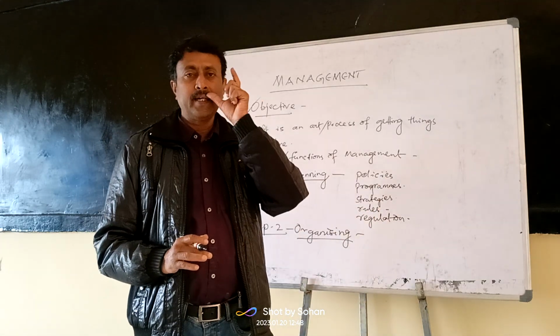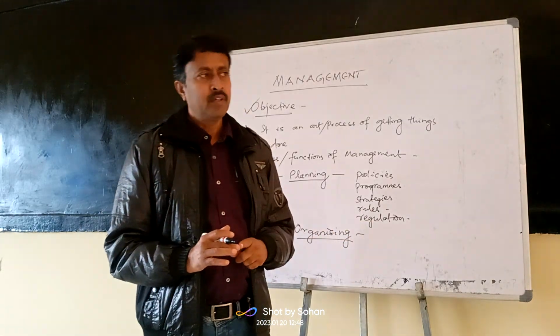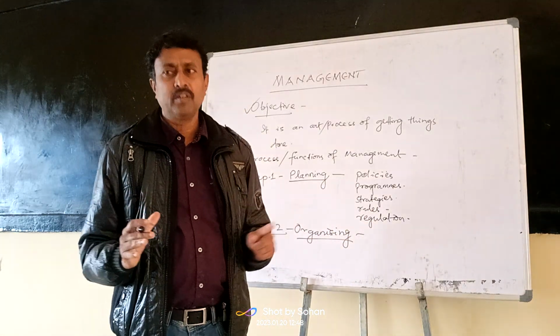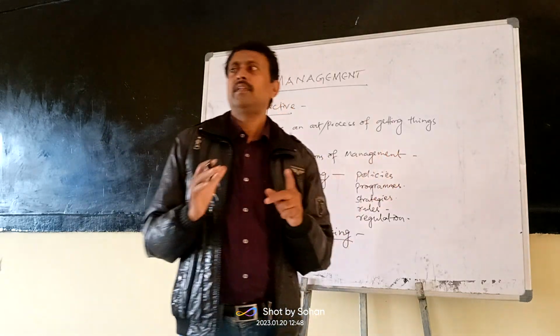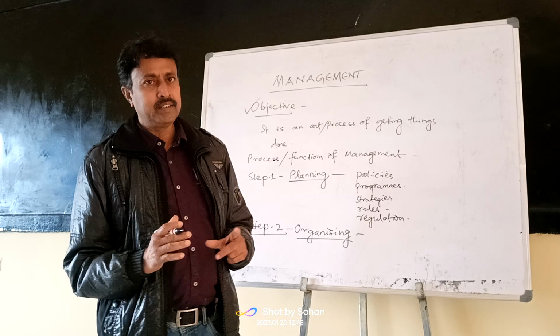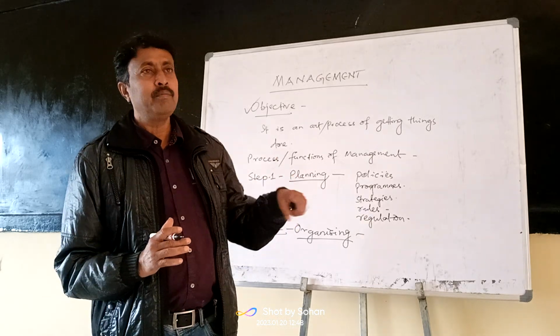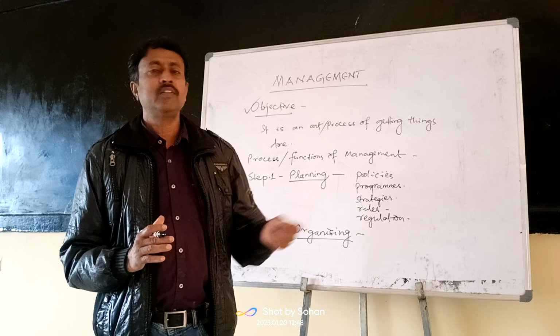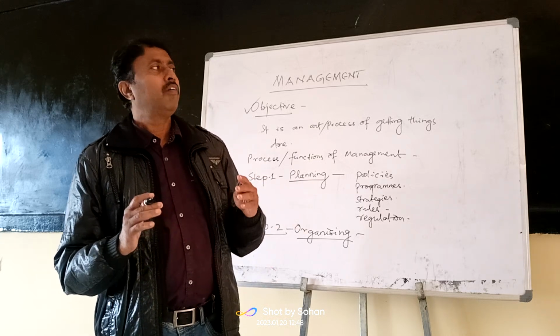How to organize these resources? So organizing is a process of formation of organization. What is organization? Organization is a framework within which various activities are undertaken by the management to achieve the organizational goal. So basically, how to form the organization.